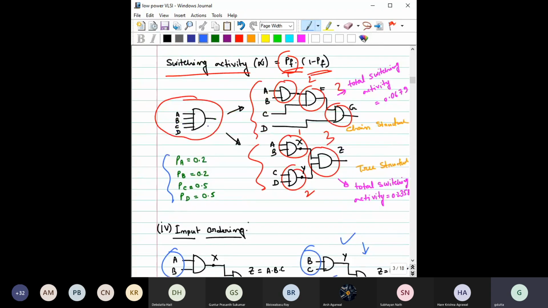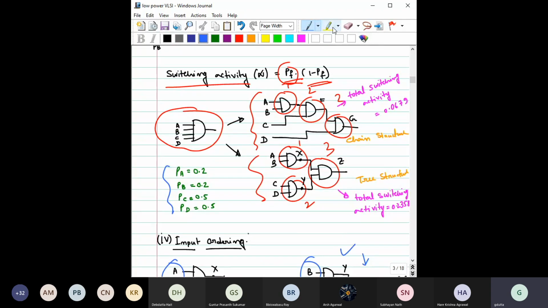Now what I am talking about here is this one. Here we are changing the design itself. You can see this is basically a chain type, and here it is a tree type. Do you recall what the value of alpha was for this case, that we calculated last class?